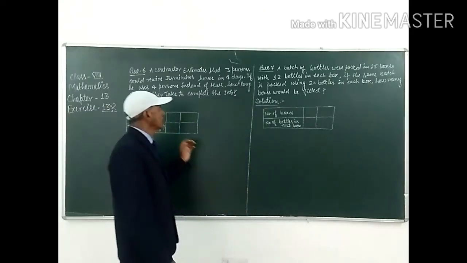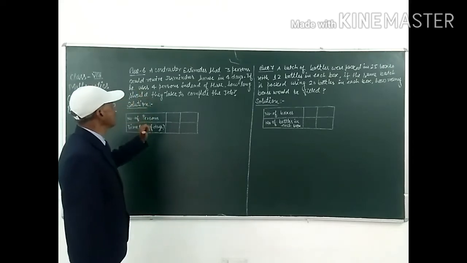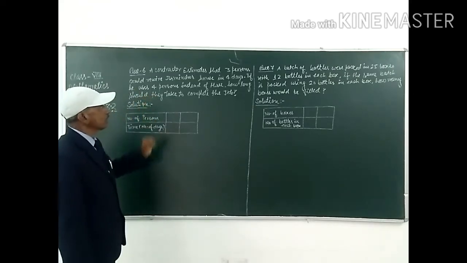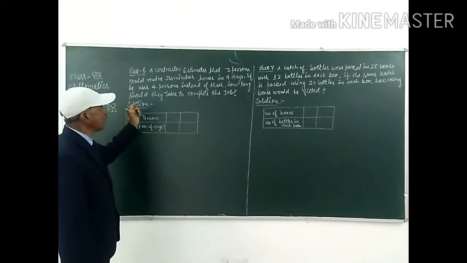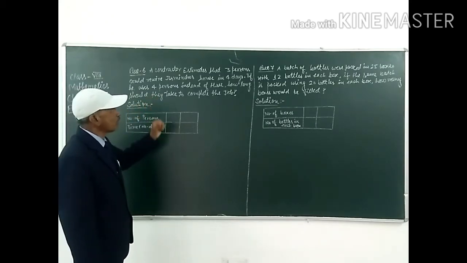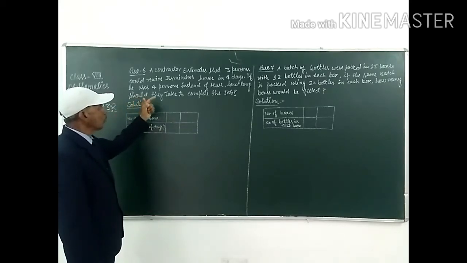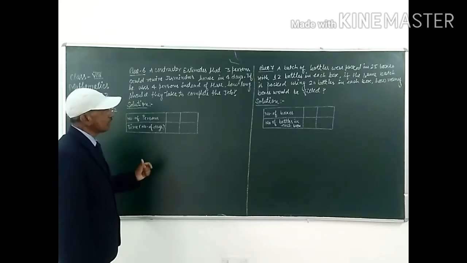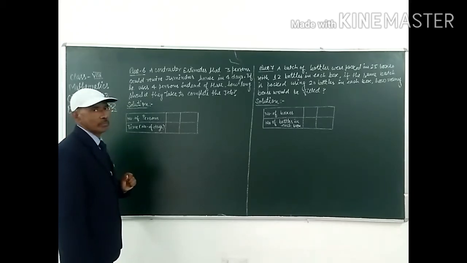So, this is question number 6, and in this question, students, a contractor estimates that 3 persons could rewire Jasminder's house in 4 days. If he uses 4 persons instead of 3, how long should they take to complete the job?